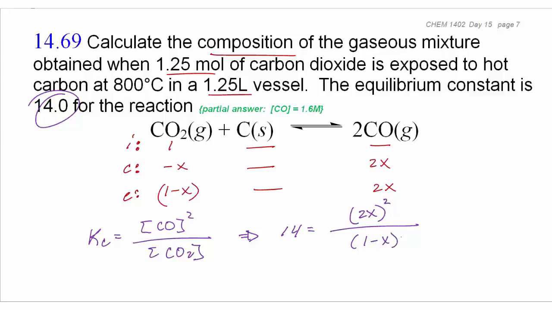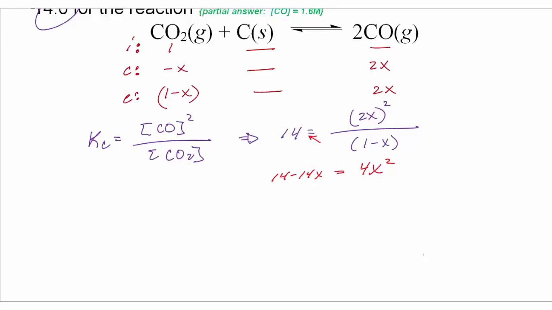Okay, let's bring the 1 minus x up to the top. So I'll have 14 minus 14x has to equal 2x quantity squared, which is 4x squared. So let's rearrange and get it into our quadratic formula. Let 0 equal 4x squared plus 14x minus 14.